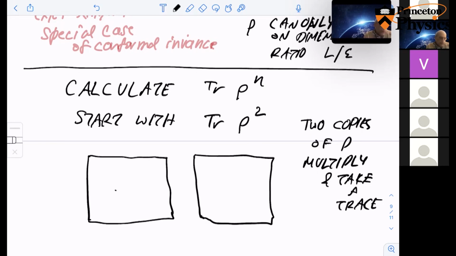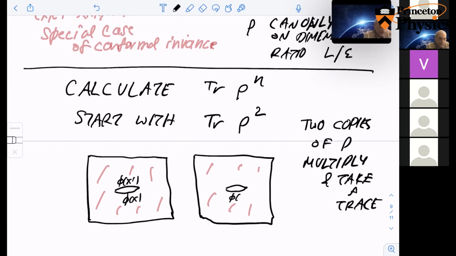So I told you how to make one copy of rho. You take the plane and you cut it on the interval I, and you do a path integral outside with specified boundary values. And the boundary values we called phi_x below and phi_x prime above.